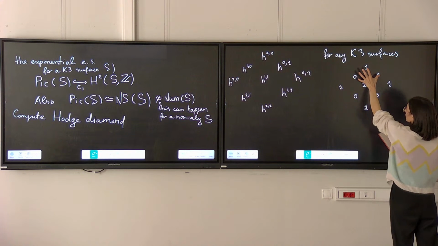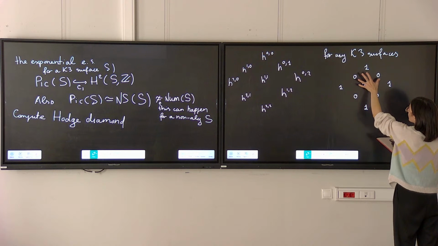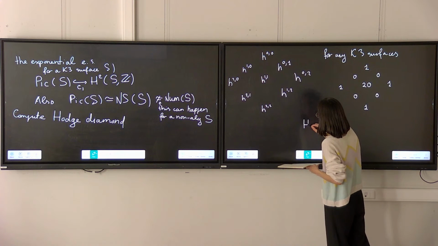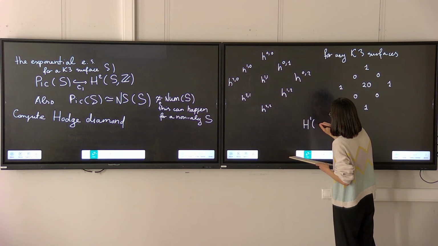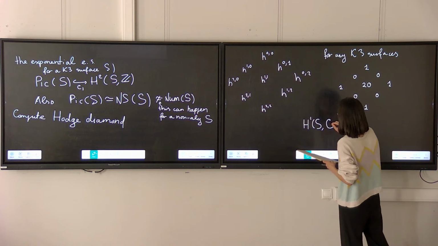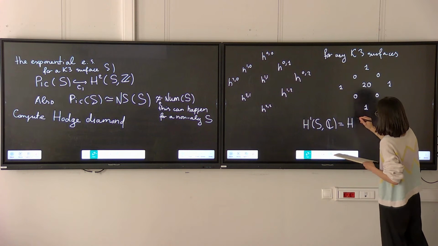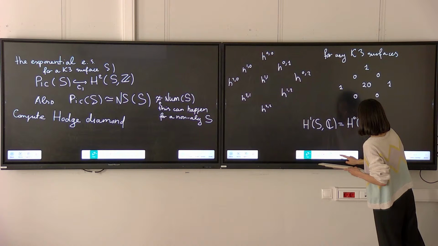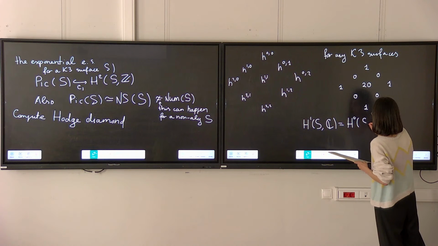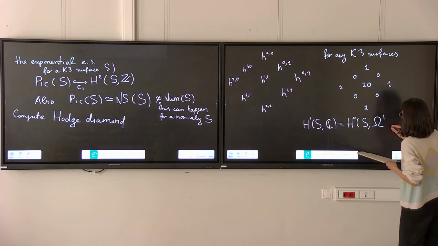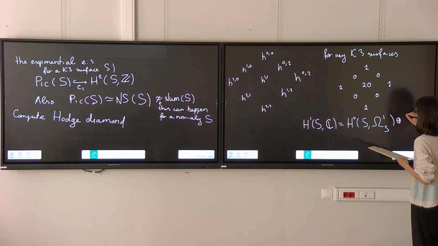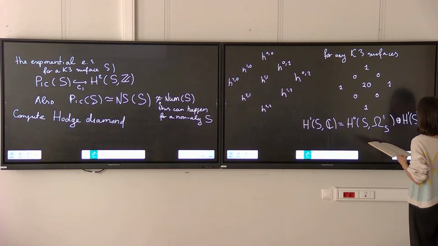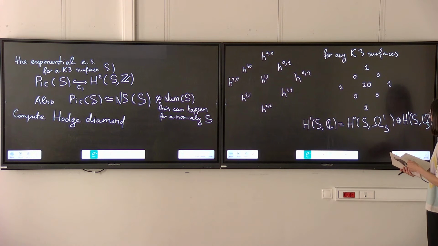This vanishing we obtain just from the definition, and also because, so what is the Hodge decomposition of H1? This is H0 of omega S plus H1 of O_S, right?